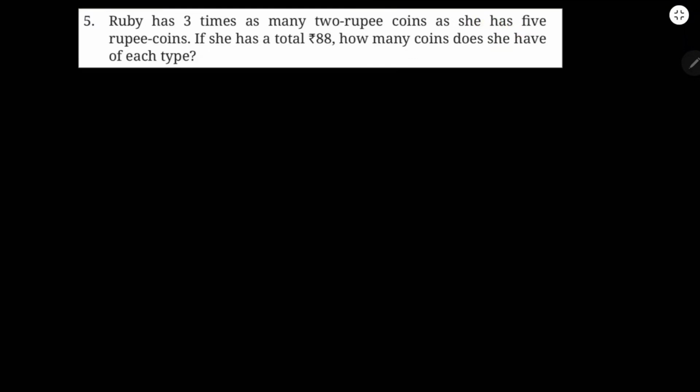So let the number of 5 rupee coins be x. Then the 2 rupee coins will be 3 times x. Let the number of 5 rupee coins be x.